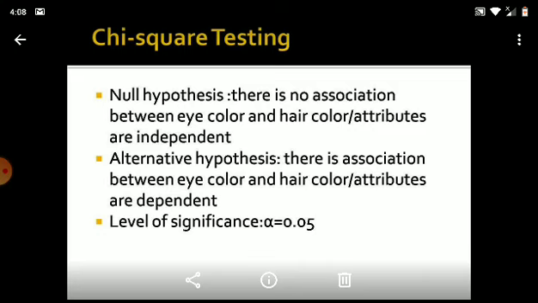So the null hypothesis H naught in this case is that there is no association between the two attributes, eye color and hair color. No association means these are independent. And the alternative is totally opposite: there is association between eye color and hair color, that is, the attributes are dependent.